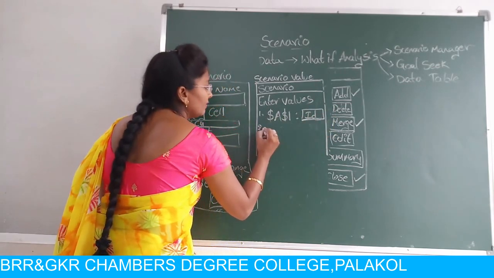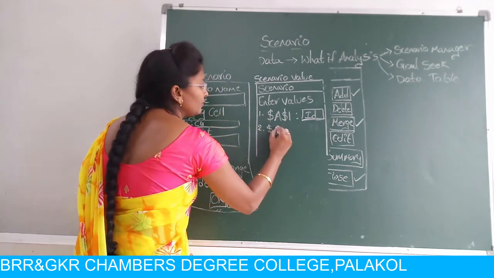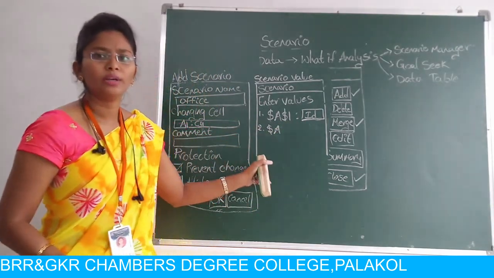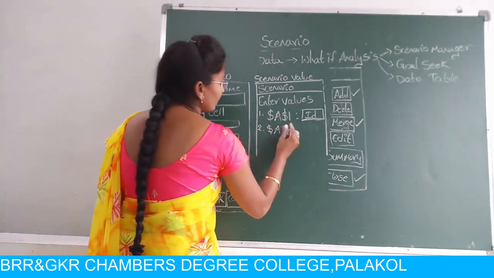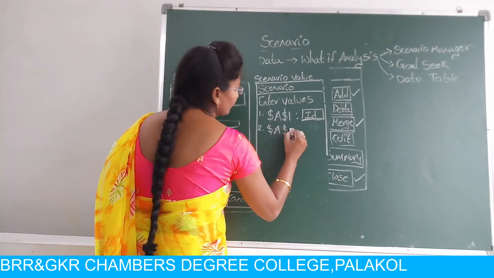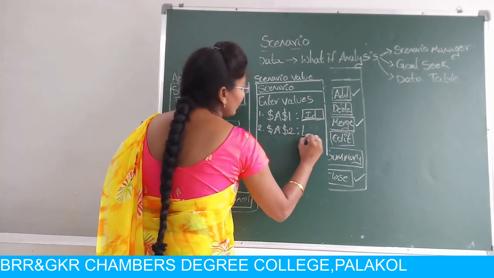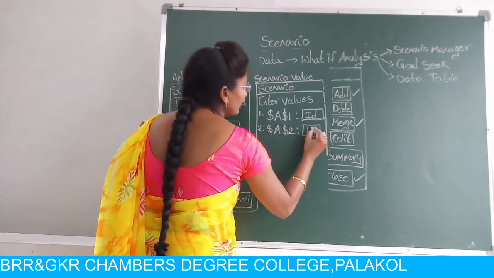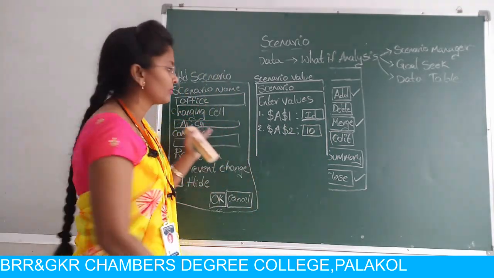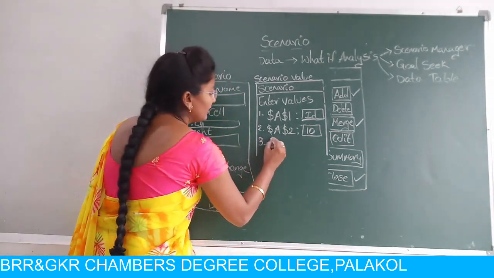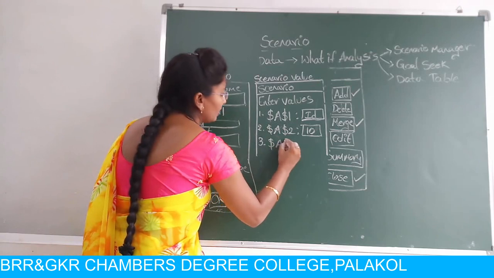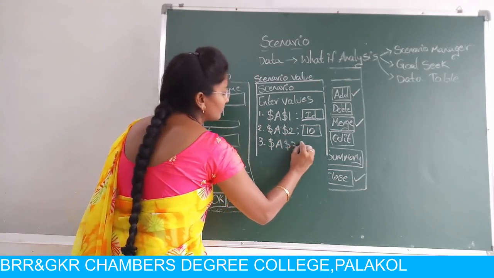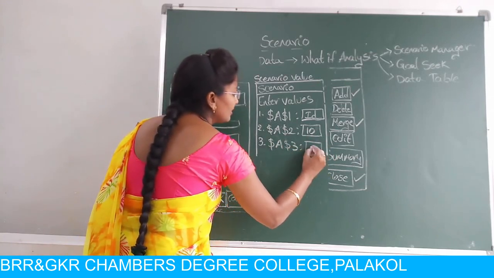The second one is $A$2, which I referred to as a number like 10, and the third one is $A$3, and the number is 11.